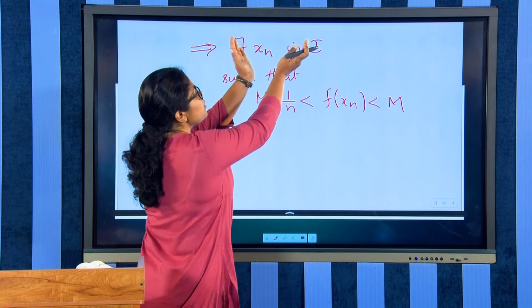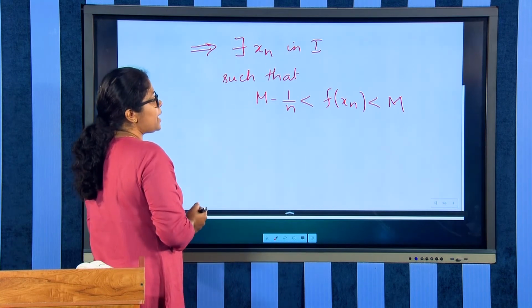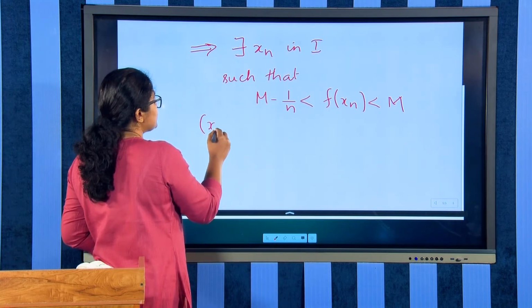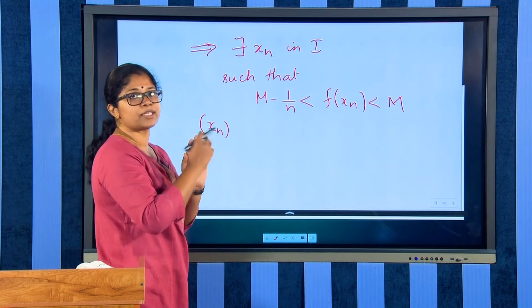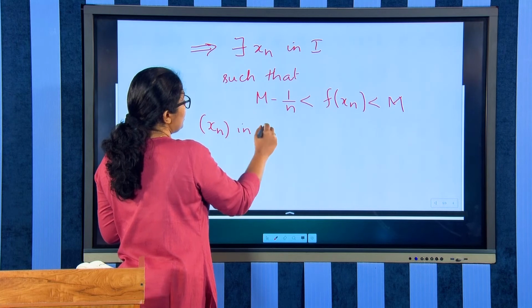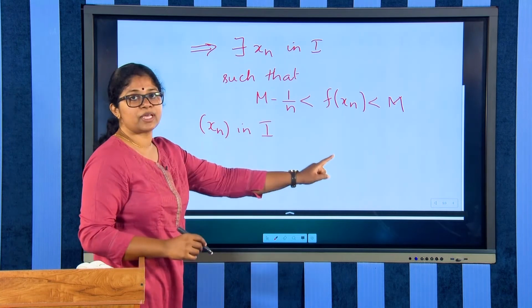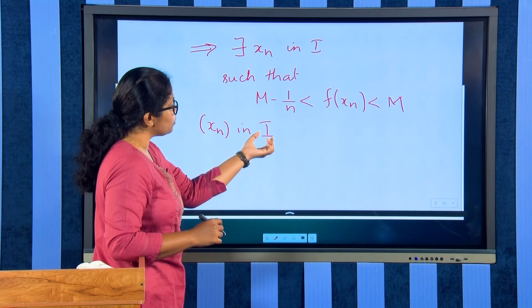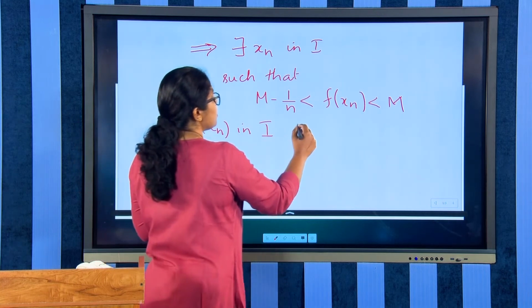So we have got a sequence xn in I, because for every n we have a corresponding xn. As we had seen in the previous case, since I is closed and bounded, this sequence is bounded.